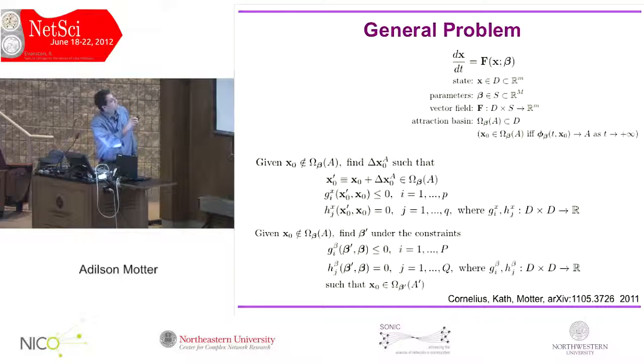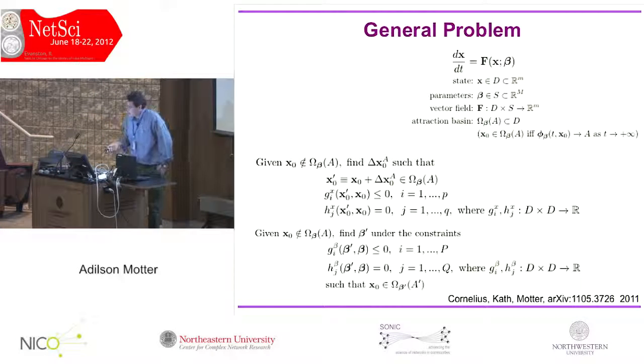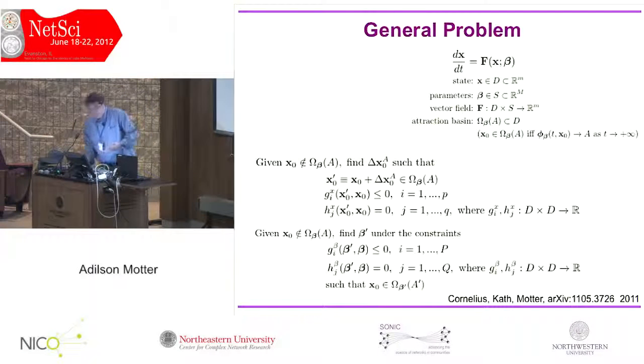So in the first case, we are trying to go to the attractor. Here we are trying to bring the attractor to your current state. So you are trying to change the attractor in such a way that you find yourself inside the basin of attraction. Okay? Once you are inside the basin of attraction, you will be attracted to the attractor. And once you are close enough to the attractor, you can relax this change of parameter and go back to the original parameter. Okay? So that's the idea.